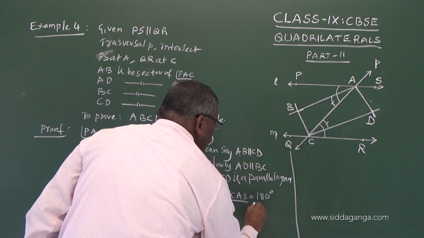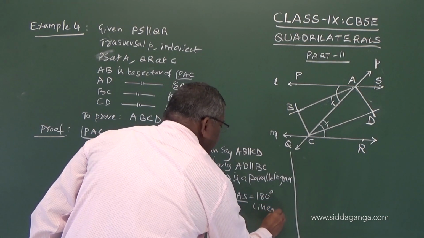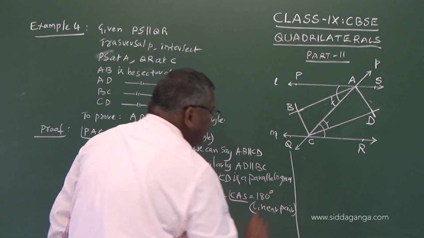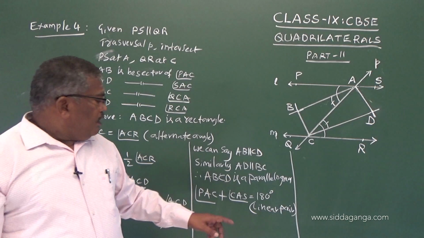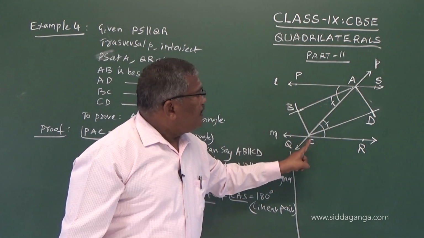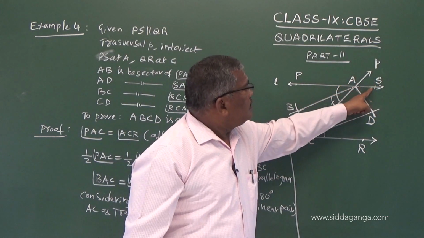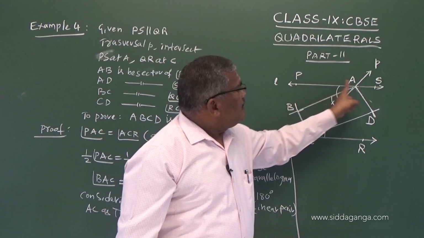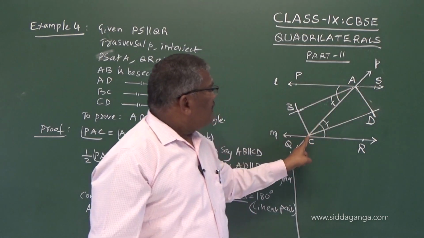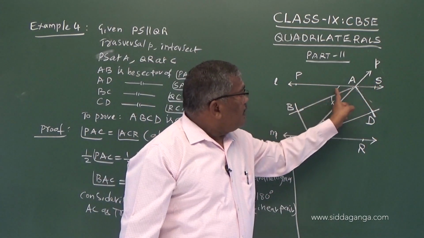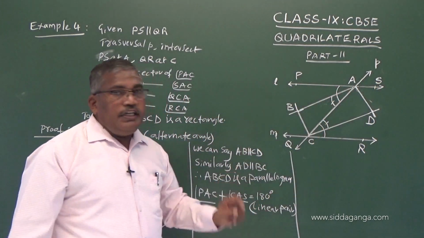I will write linear pair. PS is a straight line and AC is a line on that straight line. Therefore, these two angles, PAC plus CAS, are a linear pair.